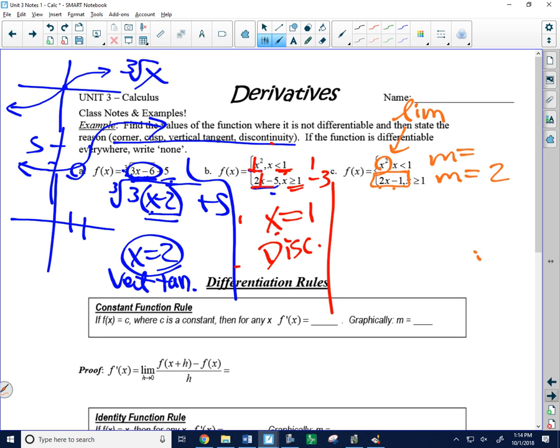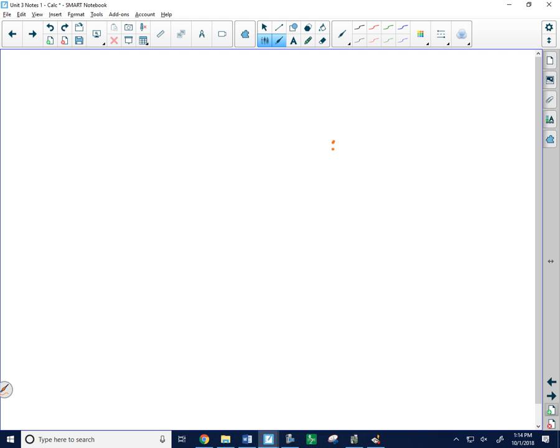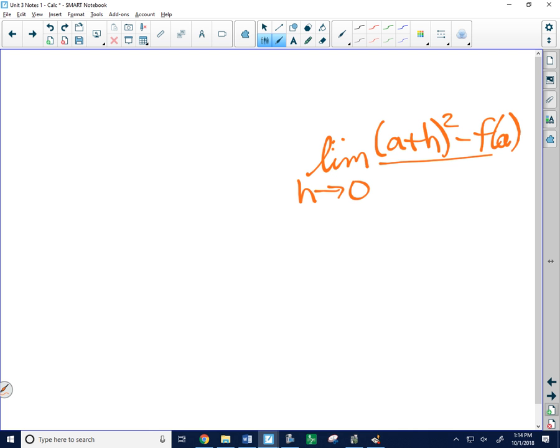Okay, so calculator, it's going to give you the same number. I'll do it by hand real quick. I'll just show you what I would do. Let's leave it as a plus h. It was just x squared, right?